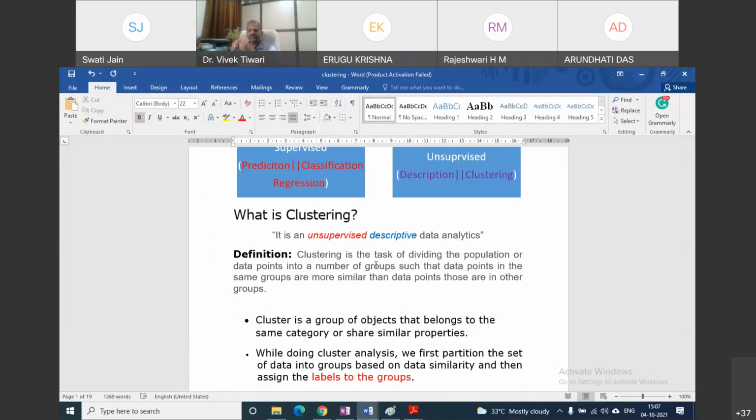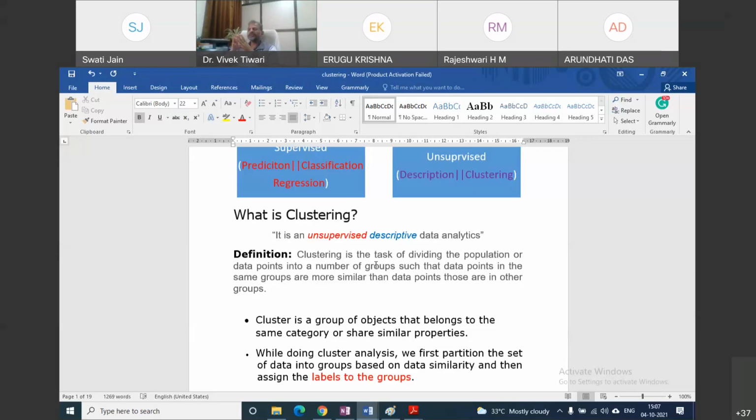So in one line, you can answer: clustering is unsupervised descriptive data analytics, because we know the meaning of unsupervised and the meaning of descriptive data analytics. Under descriptive data analytics, we describe the data. We find the pattern, the trend that is hidden inside the data. We are not here to predict something. That's why it is unsupervised learning.